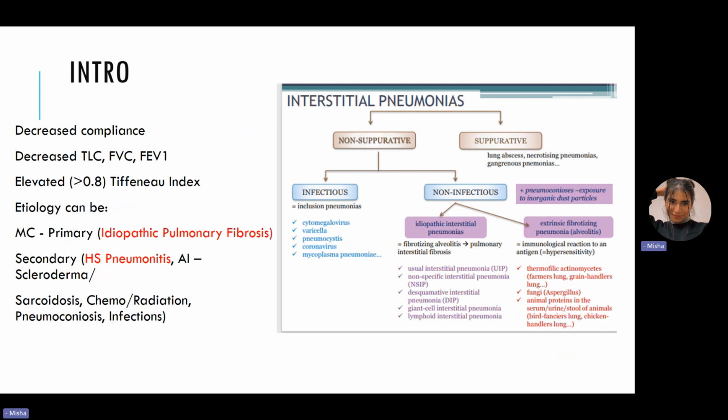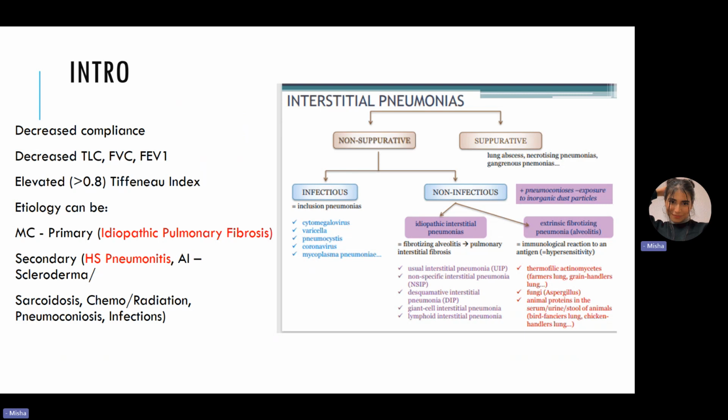Now, whenever we're talking about restrictive lung diseases, we know that this is basically when there's chronic inflammatory disease that leads to the fibrosis of the interstitium, right? So it basically decreases the compliance. Now there are some features. Initially you have to mention some features that you would see in the case that a patient has restrictive lung disease.